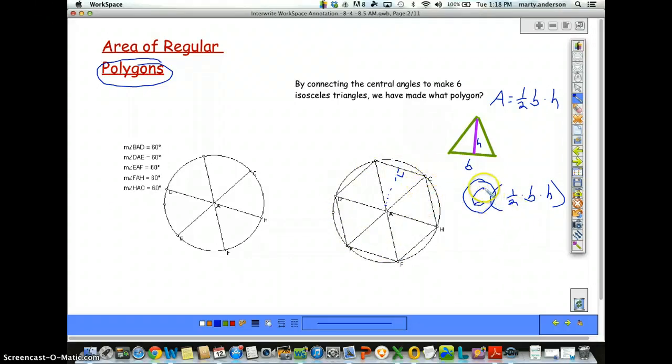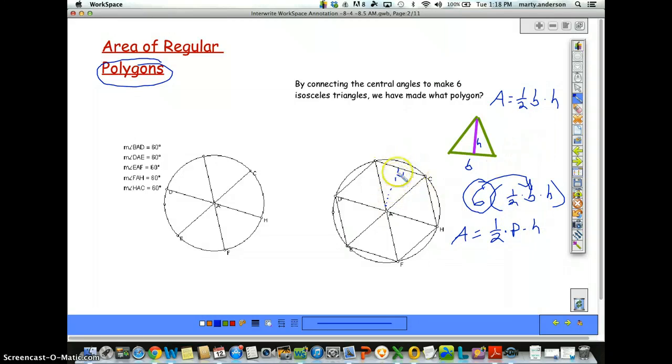So instead of doing 6 bases, we can do the perimeter of the figure. The area would be 1/2 times the perimeter of the figure, that's all of the bases together if we wanted to do all the triangles at once, and then times the height of each of the individual triangles.